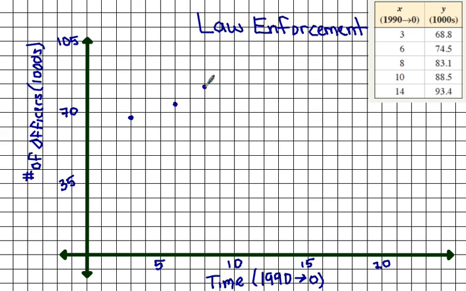Okay, and then 10, 88. This would be 84, so 88 somewhere in the middle there. And lastly, 14, 93. 14 and 91, 92, 93. Okay, so we've got our points plotted.